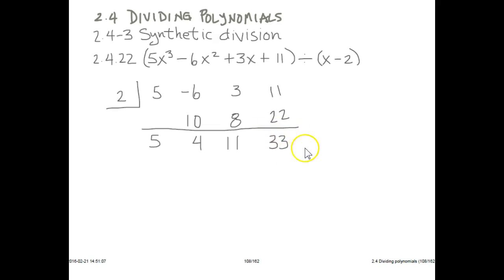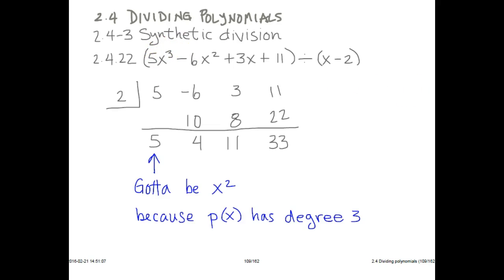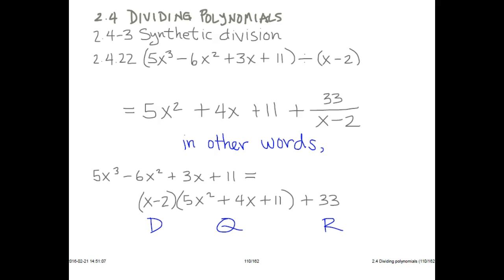What's this guy? It's what it always is at the end. It's a remainder. My result has to have degree 2 because my original polynomial had degree 3. So here I am.